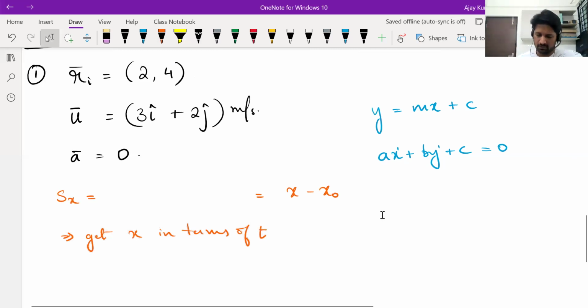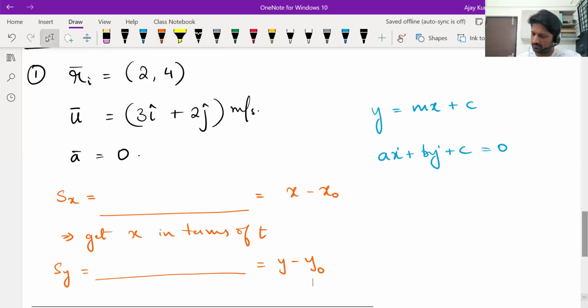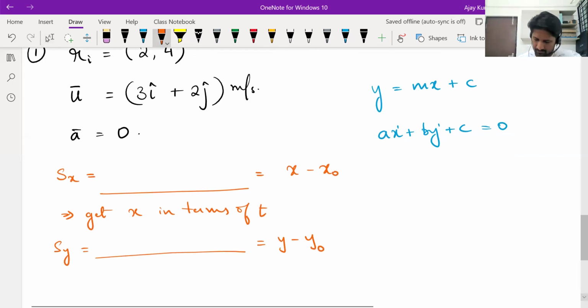Do the same for y also. Displacement in the y direction is equal to, write the equation here. That is final y coordinate minus initial y coordinate. And from that, you get y in terms of t.